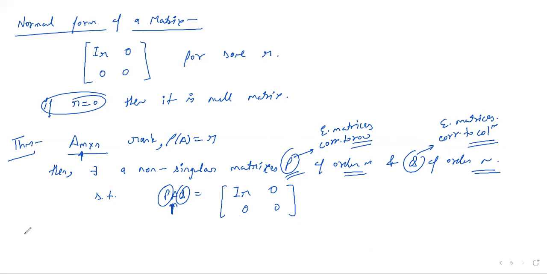So if we take R equal to P inverse and S equal to Q inverse, then we can rewrite this equation 1 as A is equal to R [I_R 0; 0 0] S, where R is equal to P inverse and S is equal to Q inverse.